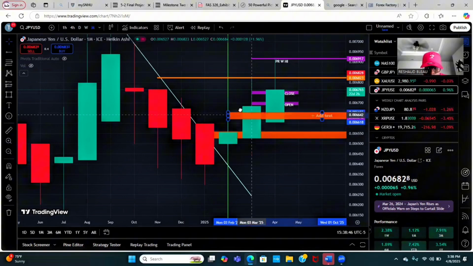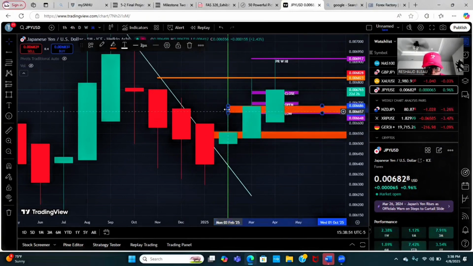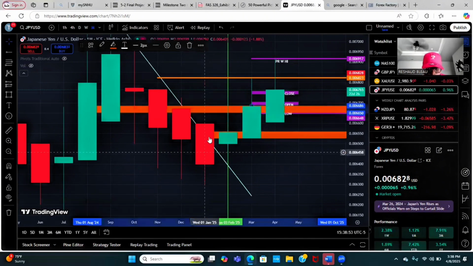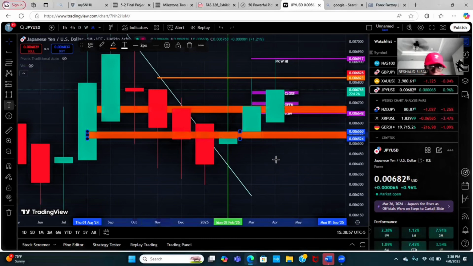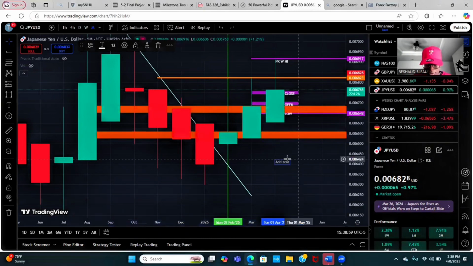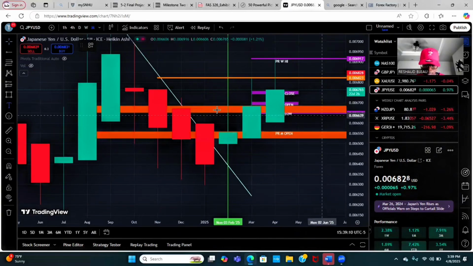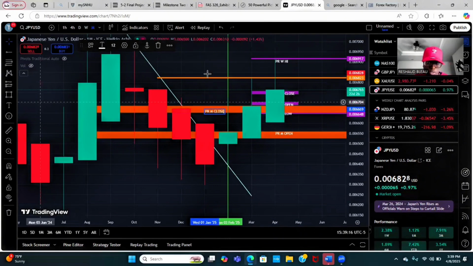This is the close. And that's the high. And then let me drag this over. All right. Previous monthly open. The previous monthly close. That's the previous monthly high.